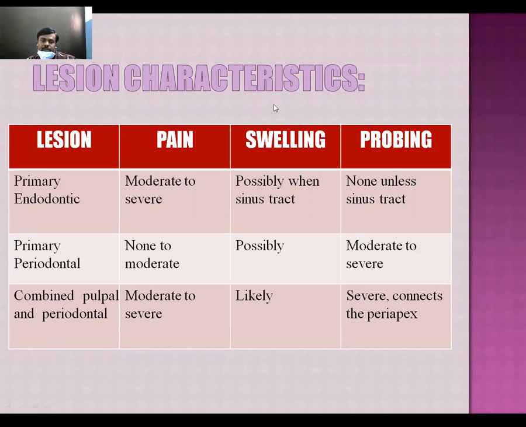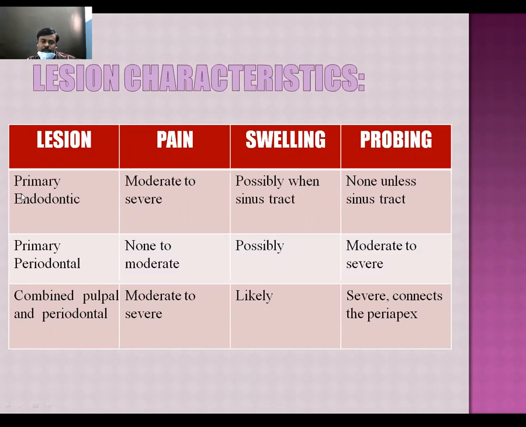So how do the lesions usually present? Whenever there is a primary endodontic lesion, the patient will have moderate to severe pain. There will be decay. If it is an acute case, there may be swelling. If it is chronic, a sinus tract may be present. When you probe the surrounding periodontal tissue, there won't be any periodontal involvement.